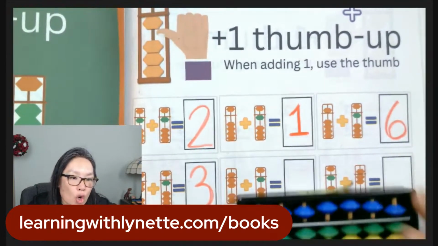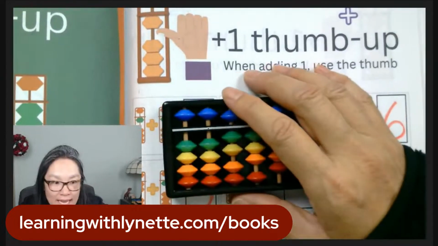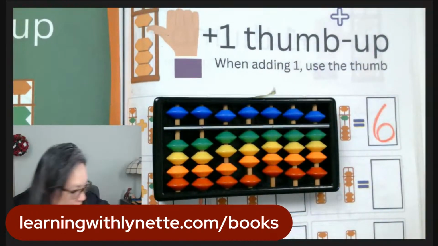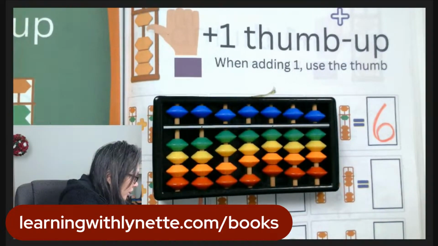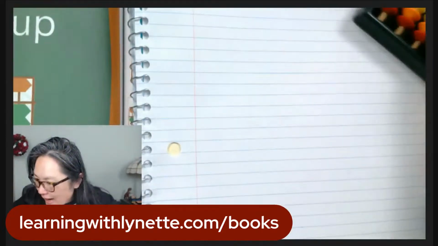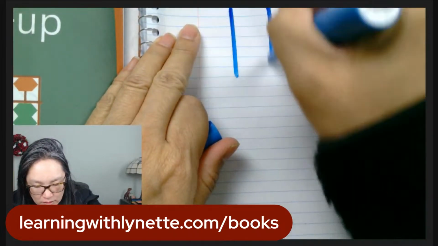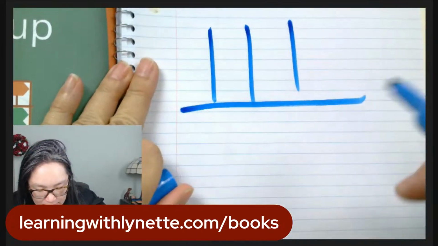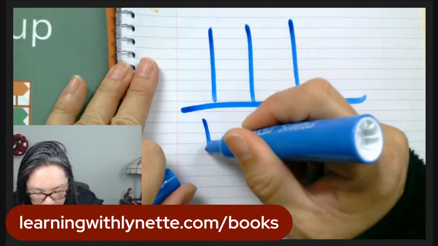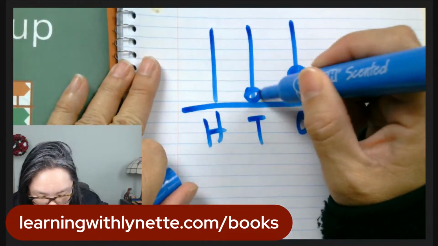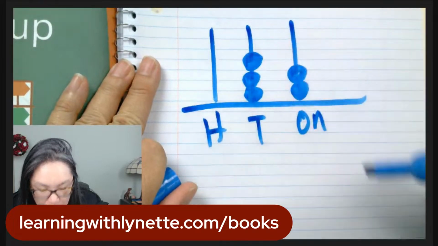Oh, I know what you're talking about. Yes, I know those. I've seen that, and they're like this, right? They go ones, tens, hundreds. This is my ones, this is my tens, this is my hundreds. So if I do this and I do this, that's two. If I do this and then this, that's three.